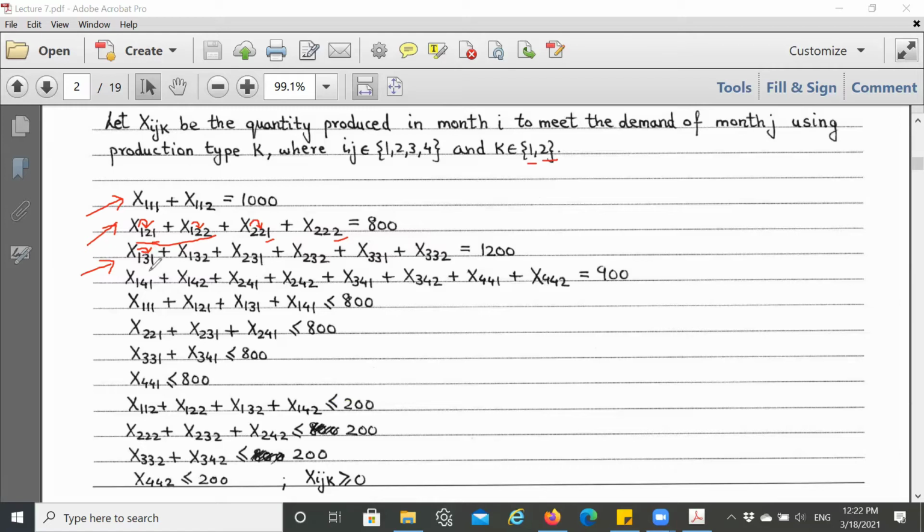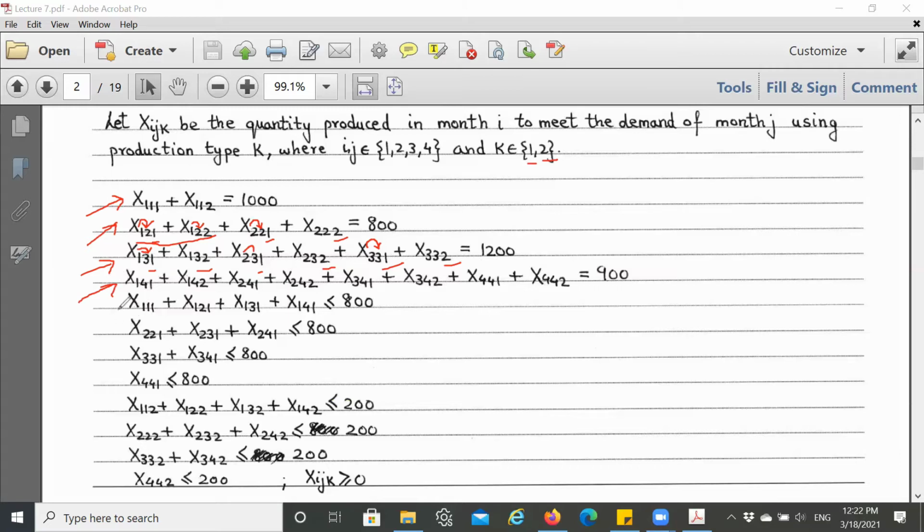I'm using regular and overtime, plus the amount I produce in month 2 for month 3 using regular and overtime, plus the amount I produce in month 3 for month 3 itself using regular and overtime. And this total should be equal to 1,200, which is the estimated demand for the third month. And similarly, you do the same thing for the last month, which is month number 4.